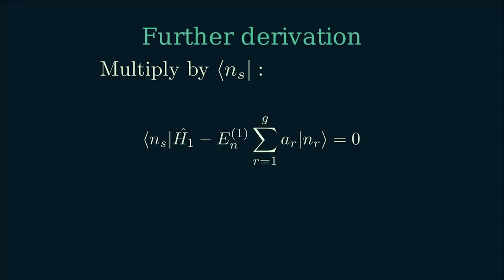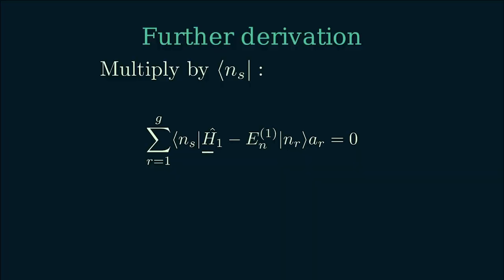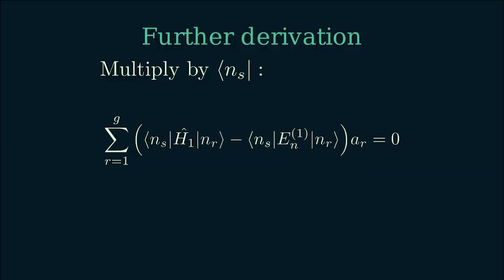Before moving on, we'll just switch the order of these two factors over here, and that shouldn't change anything. And then we'll move this factor inside of our summation. We'll split up this bracket into two terms using the linearity of the operator H1 minus En1, like so.